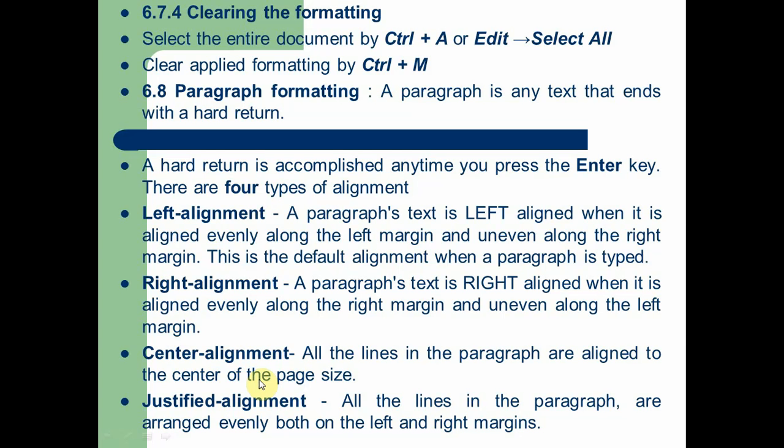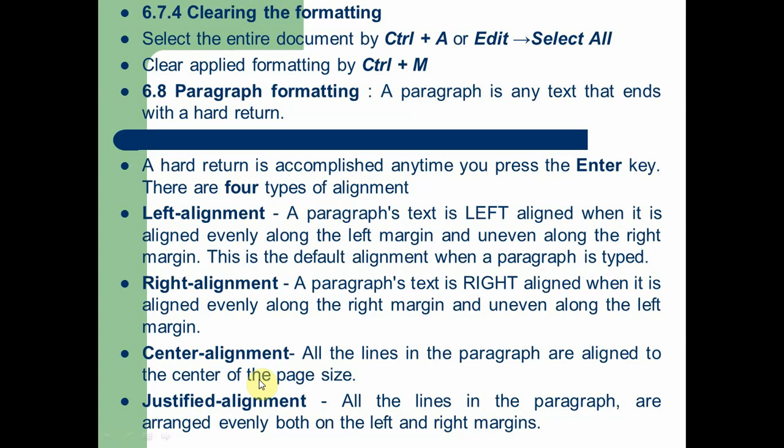Based upon this Enter key format, we can apply the alignment. There are four types of alignment: left, right, center and justified. What is the default alignment? The default alignment is left alignment.